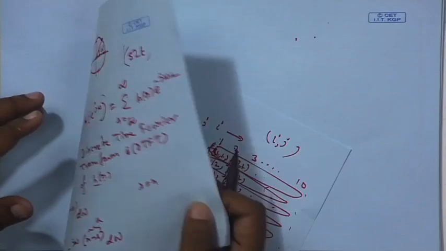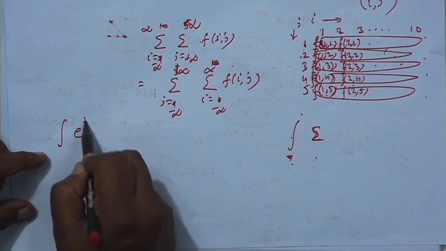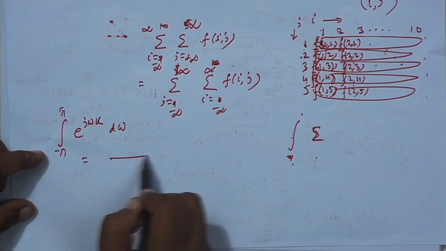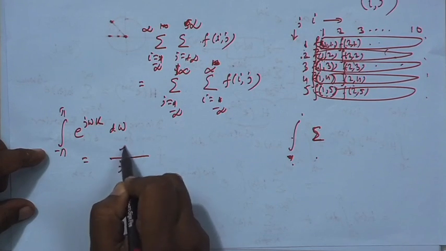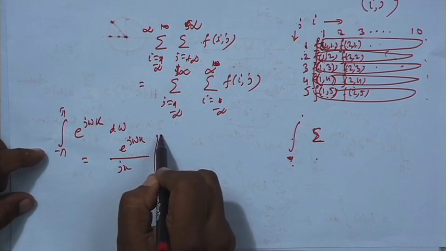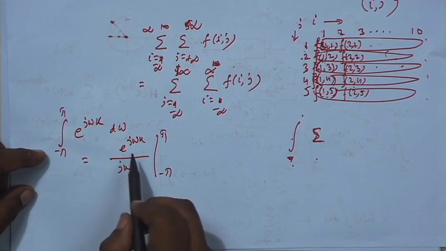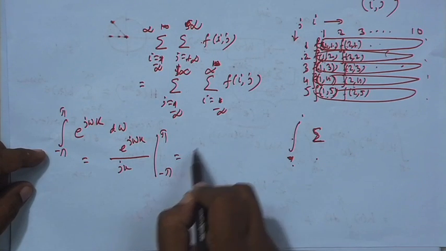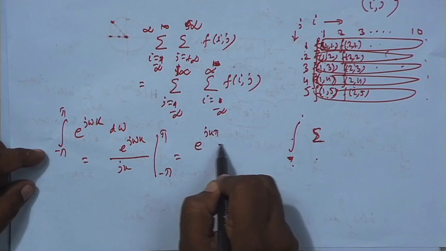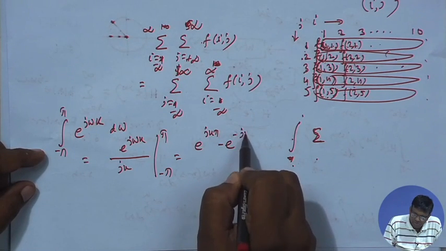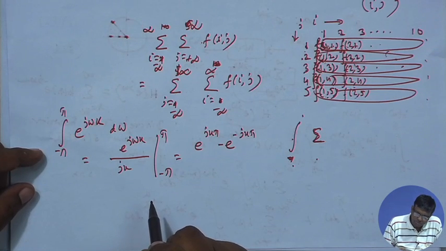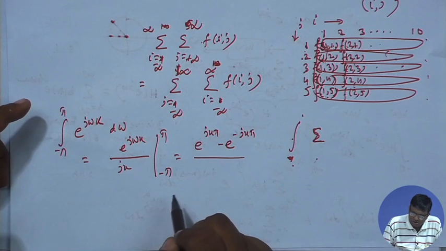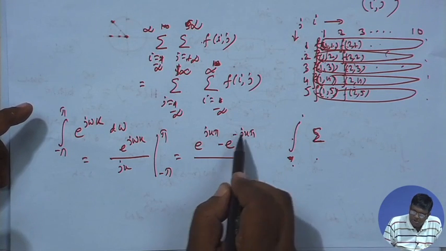Directly you can work out for some k, positive or negative, the integral from minus pi to pi. What is the integral? 1 by j k, e to the power j omega k, between pi and minus pi. Now, e to the power j pi k minus e to the power minus j pi k, that is e to the power j theta minus e to the power minus j theta.